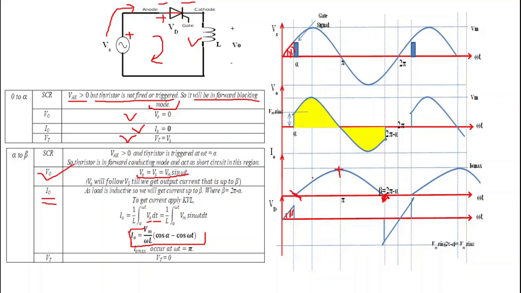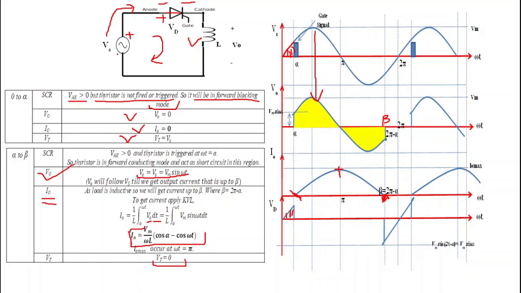That's why the waveform of Vm sin omega t will appear across the load from alpha to beta. And beta is simply equal to 2 pi minus alpha.